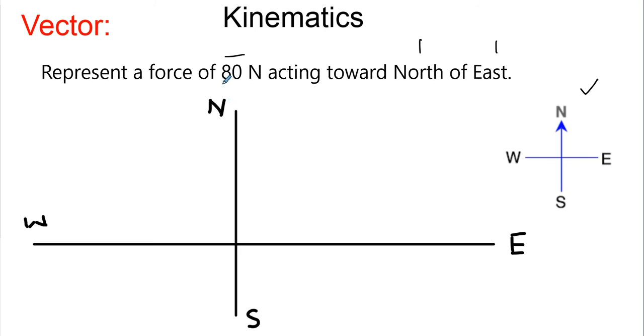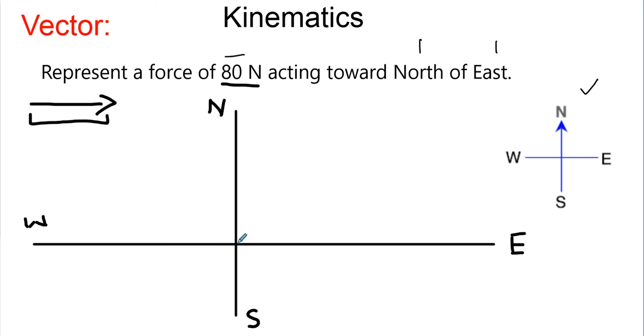Next we need to define the vector. We are given this magnitude. This magnitude will become the length of the line, because we define a vector with an arrow. This arrow gives the direction of the vector quantity, and the length of this line gives the magnitude of the vector. So I have to draw a line somewhere here, because the direction is north of east.